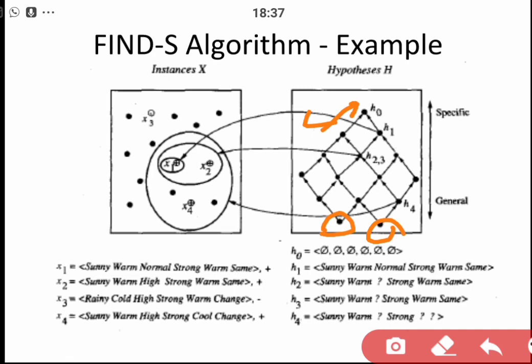Now from H2 and H3, H0 is the most specific, but for maximal specific H1, we were talking about the least upper bound and so on. Similarly, when we go downwards, we have minimal general and most general also. So this is how with each training instance your hypothesis is going to change.